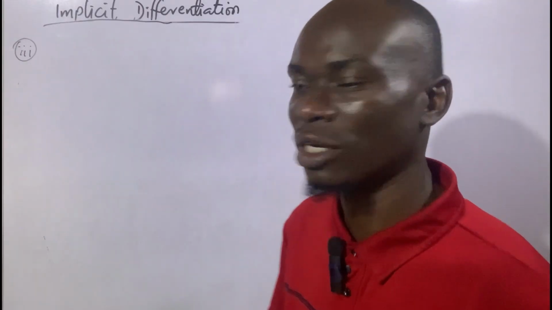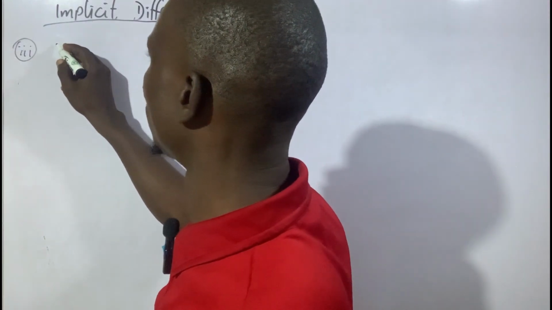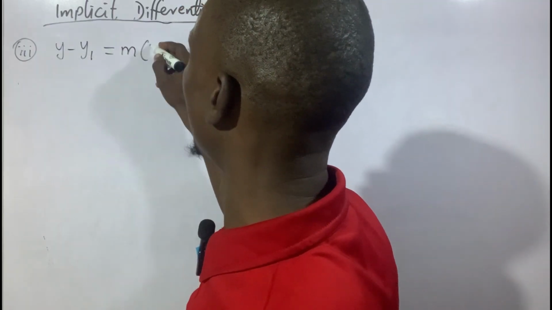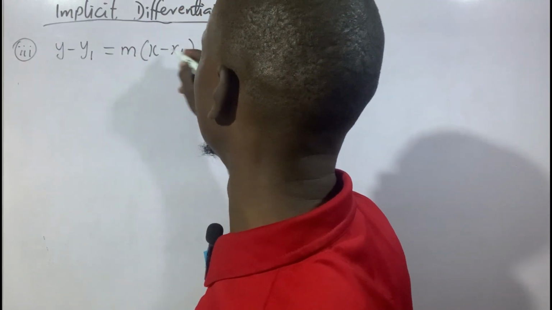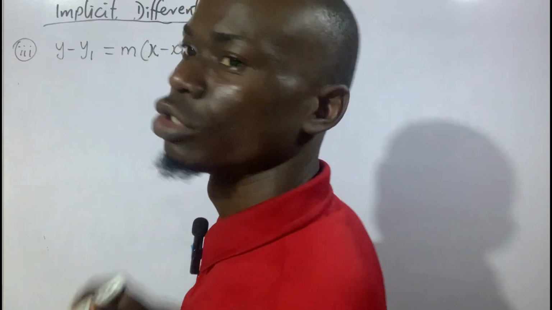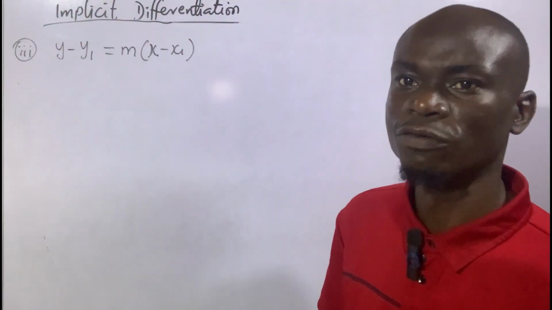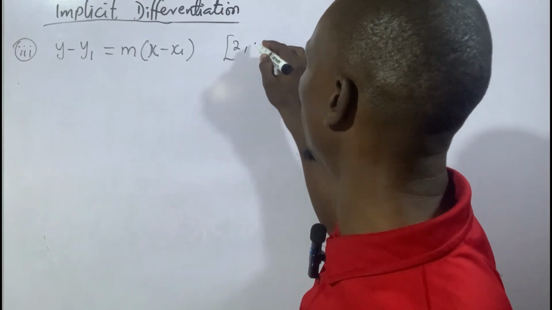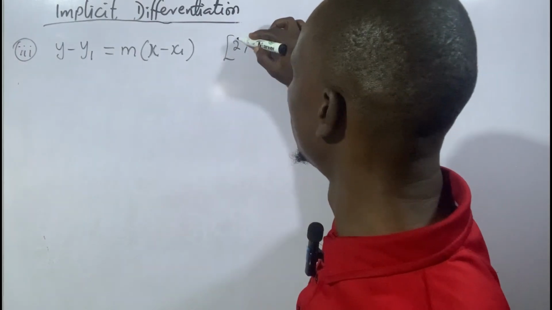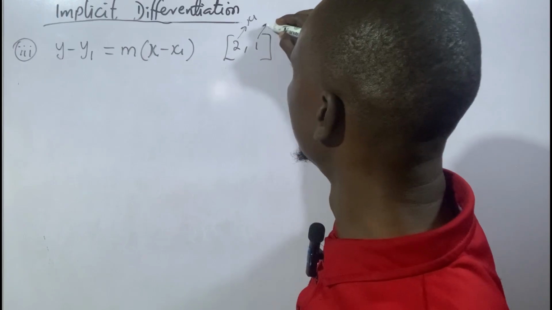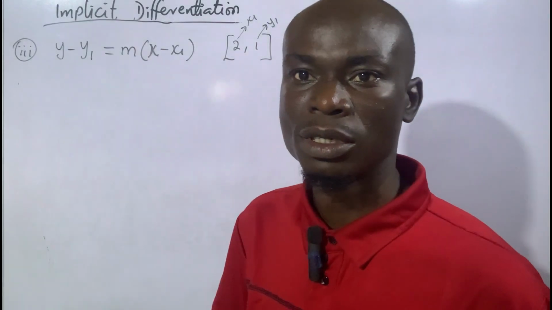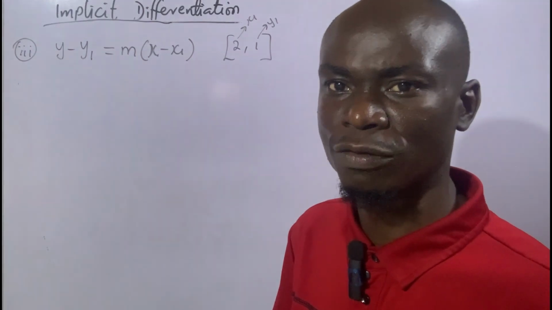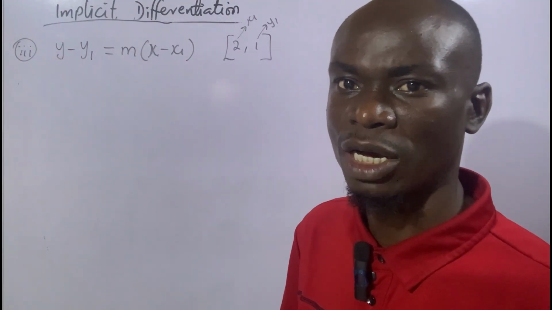So the equation of the tangent line uses this formula that says y minus y1 equals m times (x minus x1). In this case, remember we have a point (2, 1). This is my x1 and this is my y1. So all I need to do again is substitute. And remember, we already have m to be minus 4 from our second calculation.